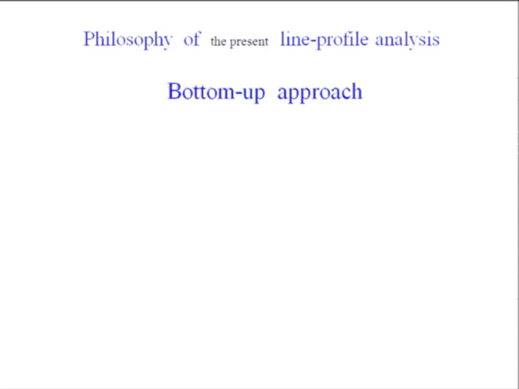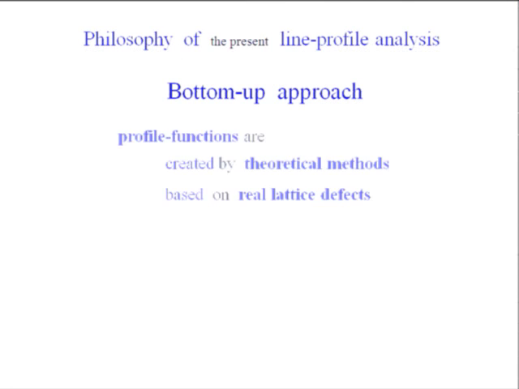We have seen in the previous lecture that we can call it a bottom-up approach because we start from physical models of the lattice defects. The profile functions which we are using in our evaluation are created by theoretical methods which are based on real lattice defects.